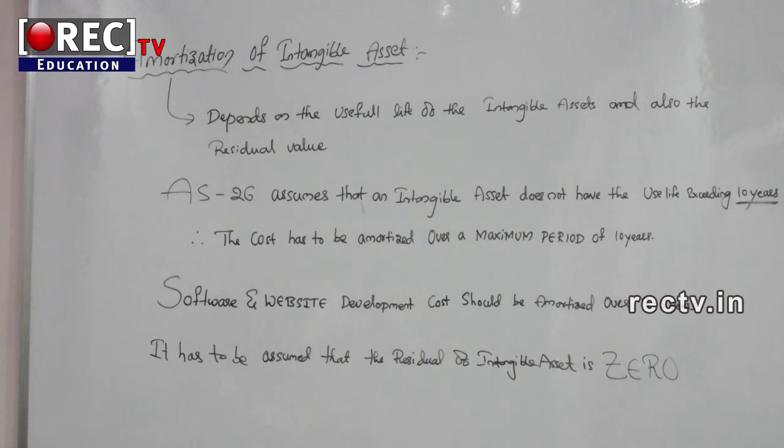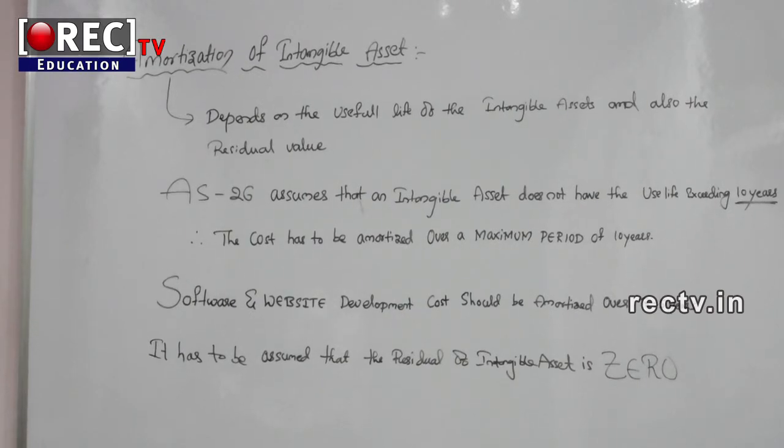If there is no guarantee, then you should take the residual value as 0. If a third party has given a guarantee for the intangible asset, then the residual value should be considered at that amount. This is the amortization of intangible asset.